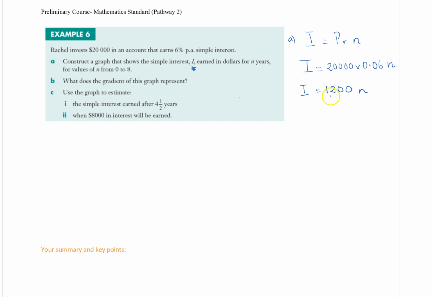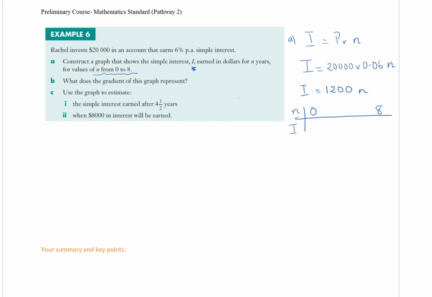And simplifying that, you get I is equal to 1,200 N. This is what we're going to use to draw up what do we usually have next after an equation? We have a table of values. So we'll have our table of values where this time it will be N and I. And we're told our values of N have to go from 0 to 8.